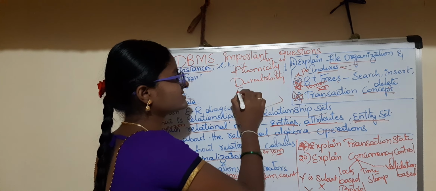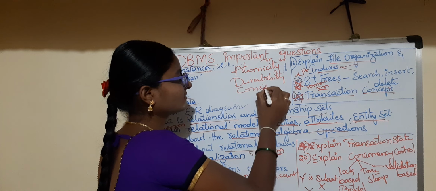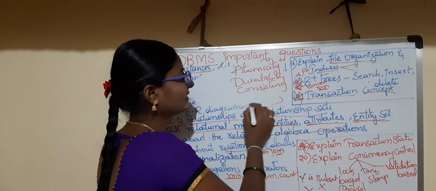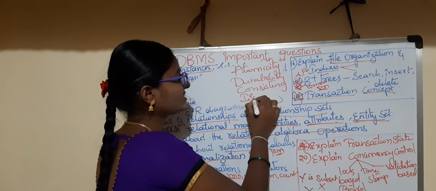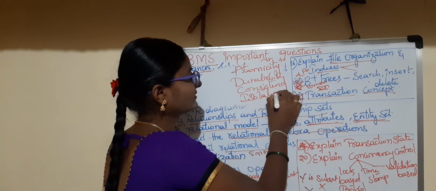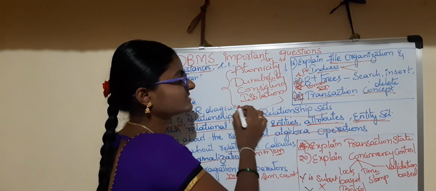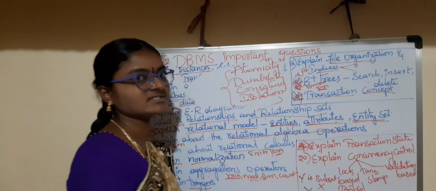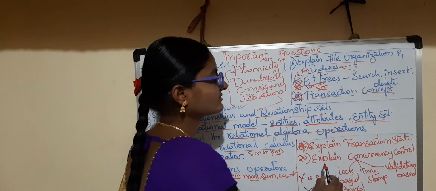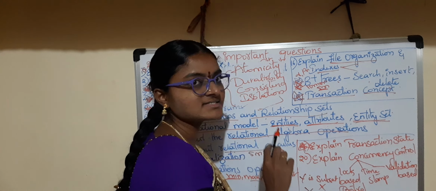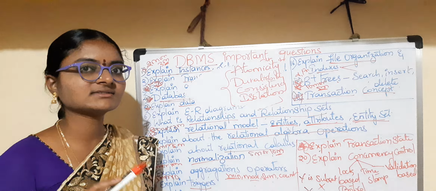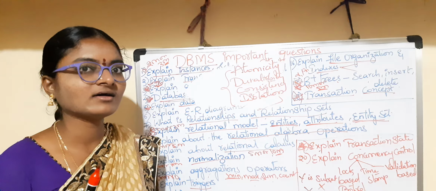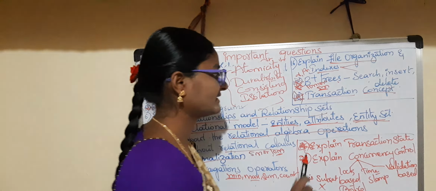Next one, consistency, and atomicity, consistency, isolation. These are the properties of the transaction states. Next one is the ACID properties, and also it will have the transaction states. In transaction states also, atomicity and all those are there.